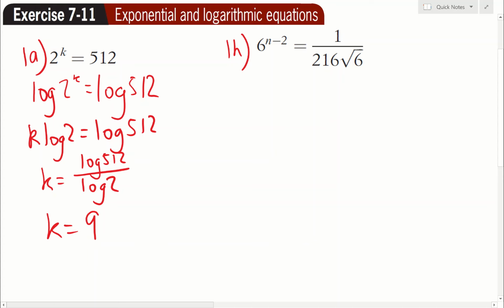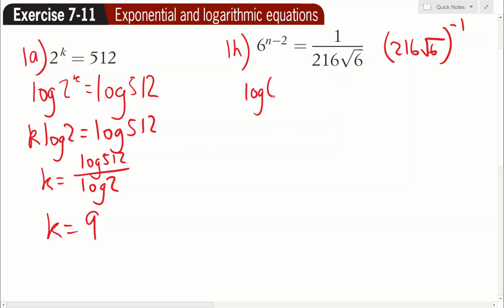What I will point out before we start is on the right side, 1 over 216 root 6, because we have 1 as a numerator and the rest as a denominator, we know from our index laws that this is the same thing as having a negative power. Because there's no power on the denominator, that's why it's just 1. But having a negative power puts it all as a fraction. So we'll keep that in mind when we go through this example.